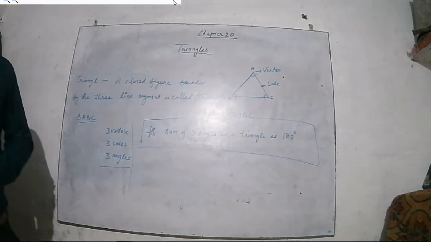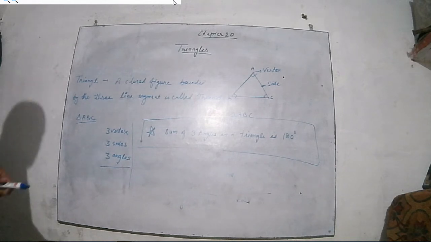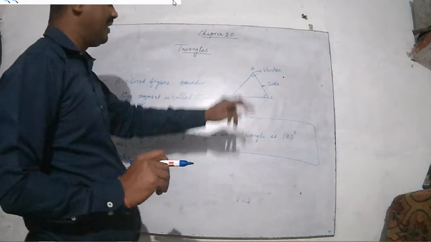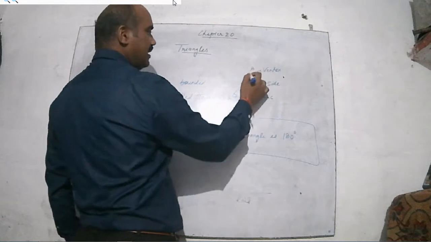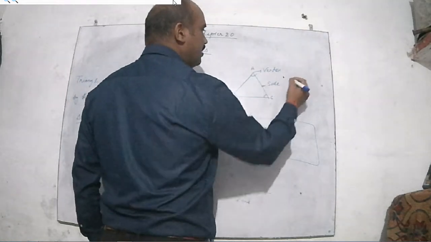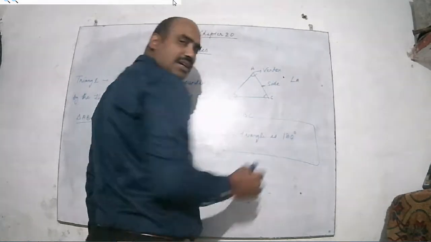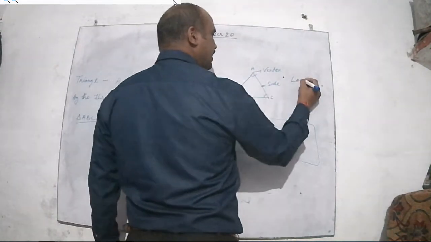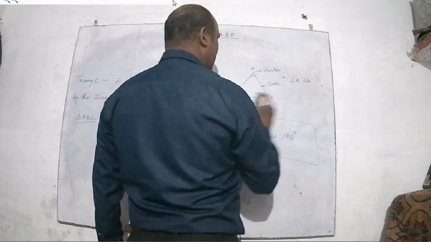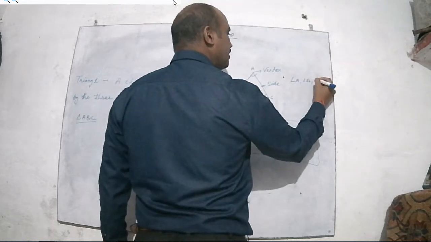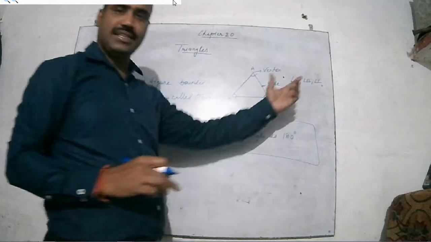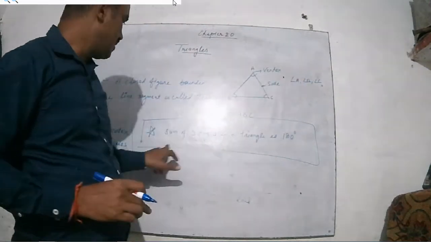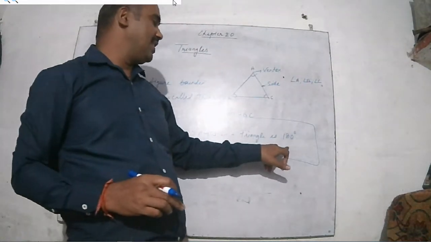One more thing here: how you can write the angle. Suppose this one is angle A. In this way you have to write angle A. And this one is angle B, and this one is angle C. The sum of 3 angles in a triangle is 180.